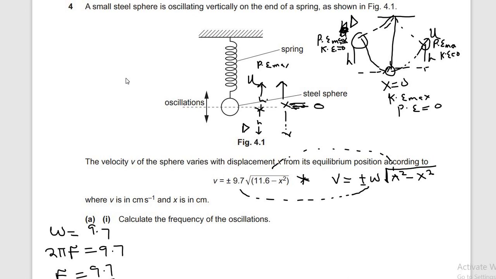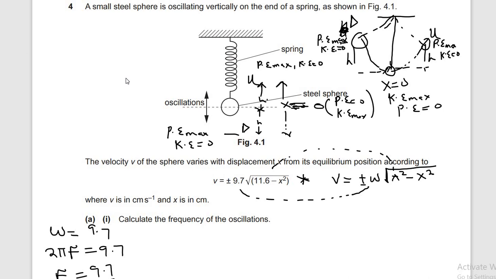The same thing down here: it has gained height, maximum potential, no kinetic. But at the middle equilibrium position, x is 0, no potential, but kinetic is maximum. That's what is happening.